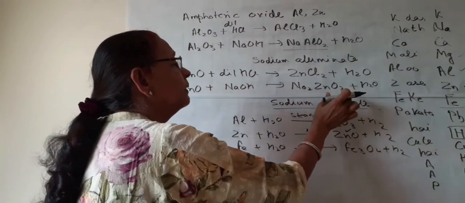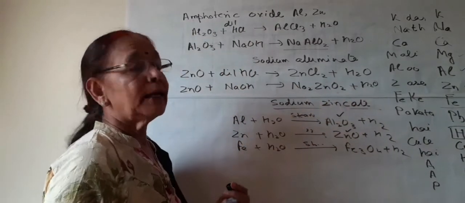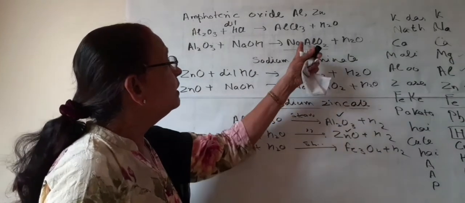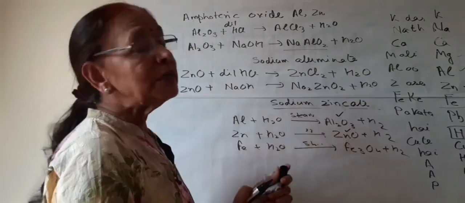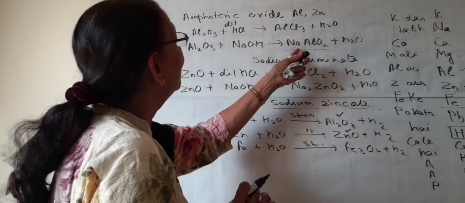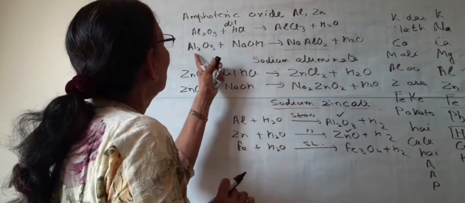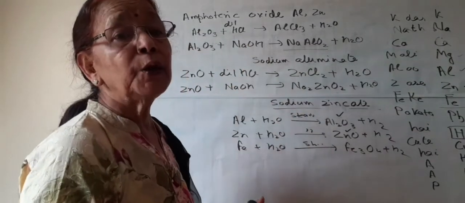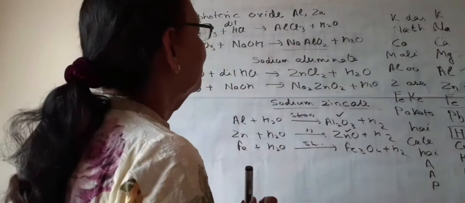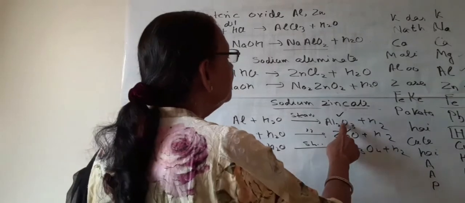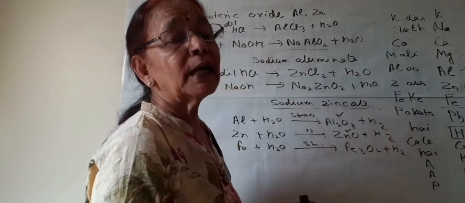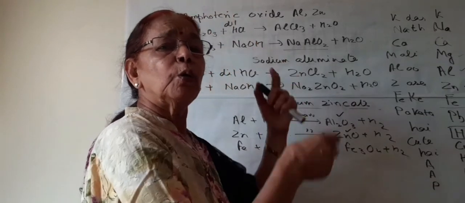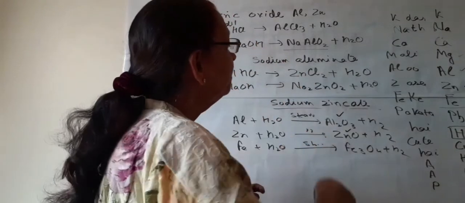Here the zincate is present as an anion and sodium as a cation. So these two are special salts formed by aluminium oxide and zinc oxide when they react with NaOH or a strong alkali. This is how these oxides are amphoteric in nature, meaning they can combine with both acid and base.